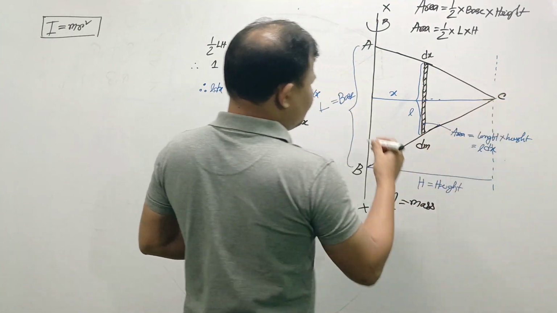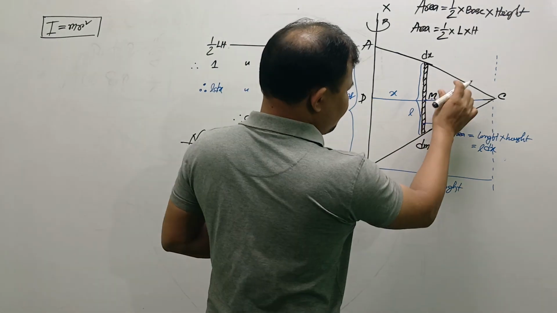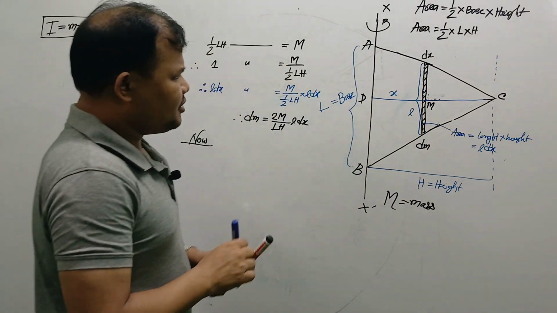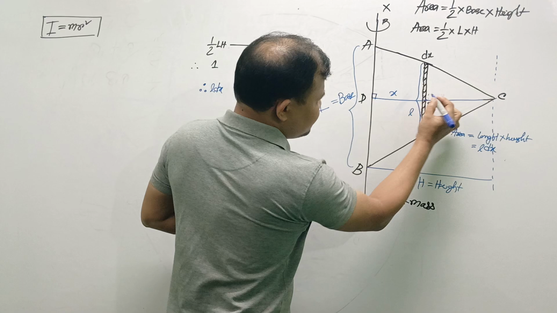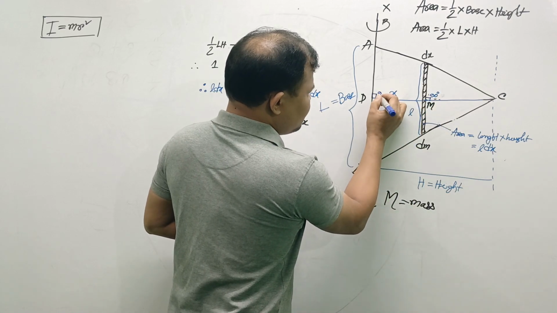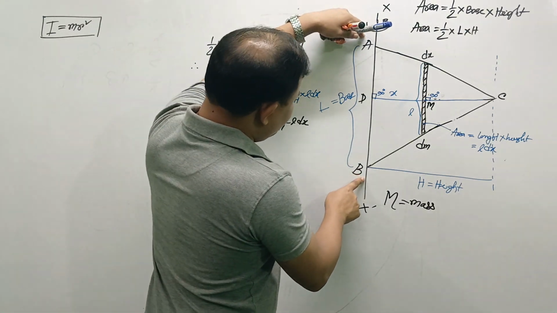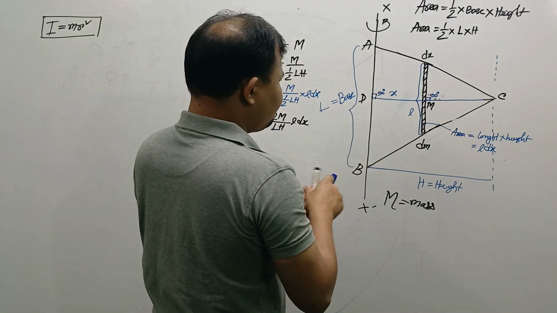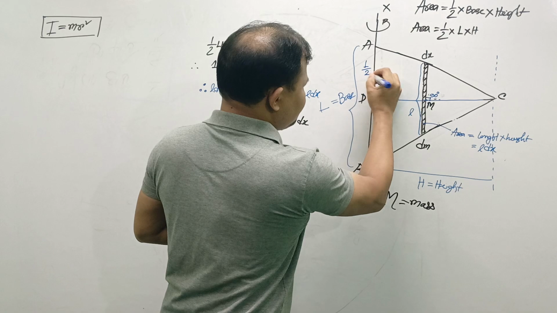This is A, B, this is C, this is D, this is M. My dear students, try to understand: here are two right angle triangles, this is 90 degree and this is also 90 degree. If this base is AB, then AD will be L divided by 2.